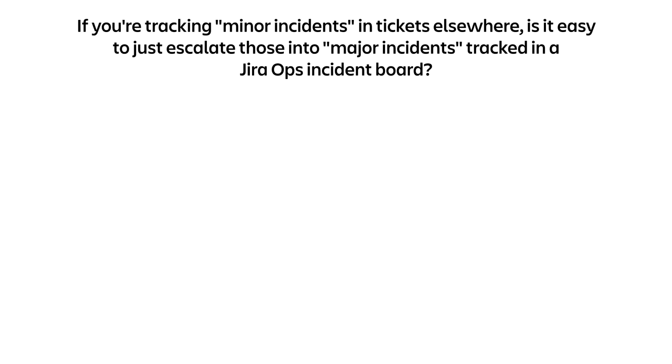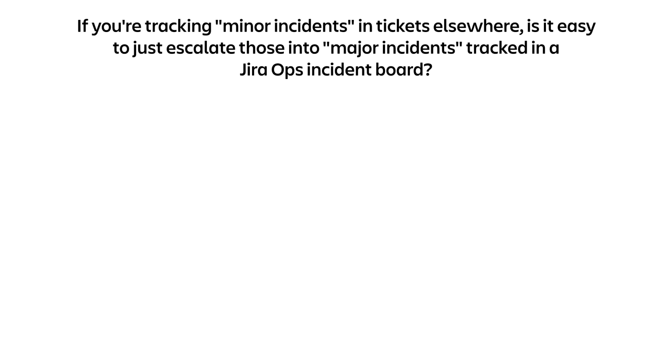Right now, we don't have a one-click solution for that, but you would certainly want to link those two issues together. So if you had a minor incident in Jira Service Desk that escalated to a major incident, you would probably create a new issue in Jira Ops as a major incident, and link that back to the Jira Service Desk ticket in the description field or custom field, saying this originally started as a minor incident, being escalated to a Sev 1 or whatever it might be.